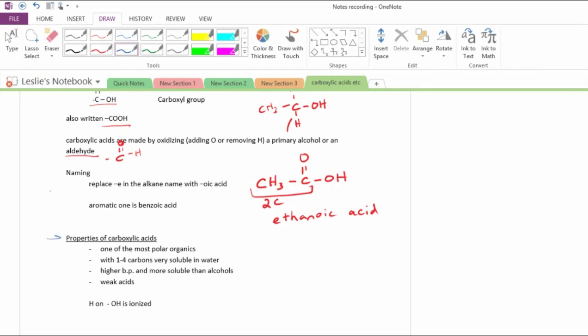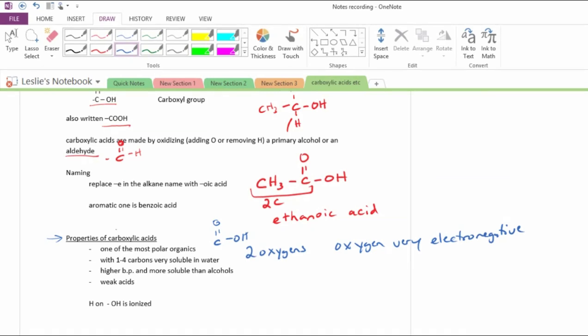Now, the properties of our carboxylic acids: they are one of the most polar organics, the most polar that we're going to see, because it's got 2 oxygens. Remember, oxygen is very electronegative.